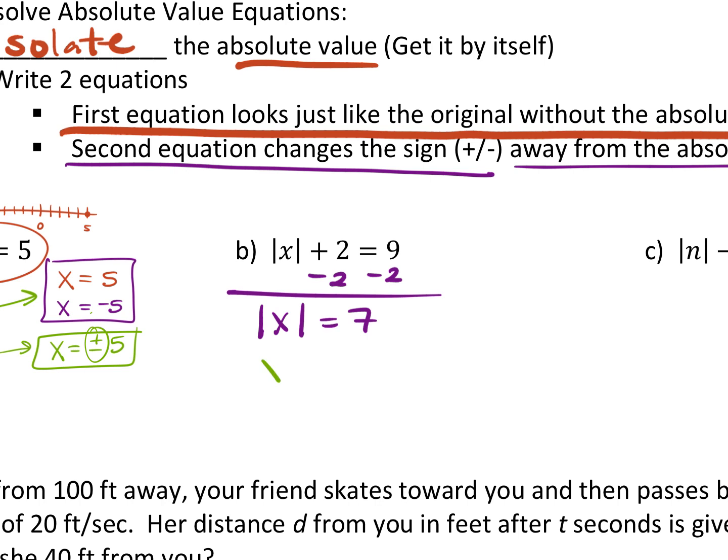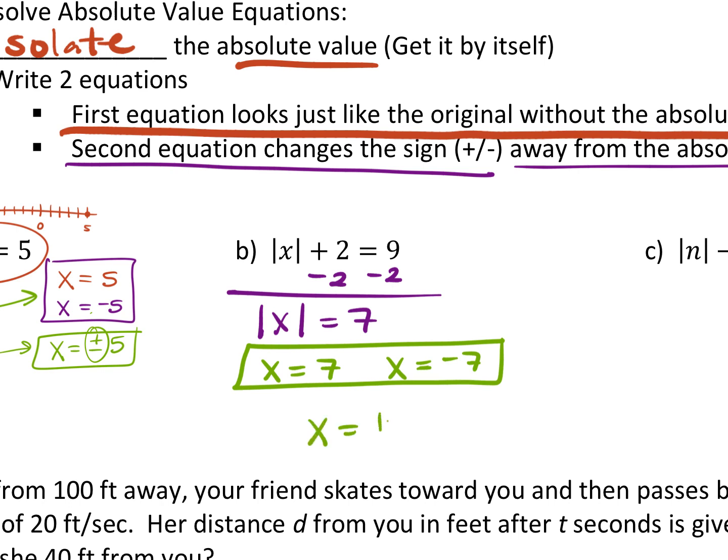You're going to write one exactly as you see it. Just take away the bars. The second one, you do what to? Change the sign. Make it negative. So if x equals 7, x could also equal negative 7. Okay, so that's a perfectly acceptable answer. Or you could say x equals plus or minus 7. Okay, I don't care which of those you do.